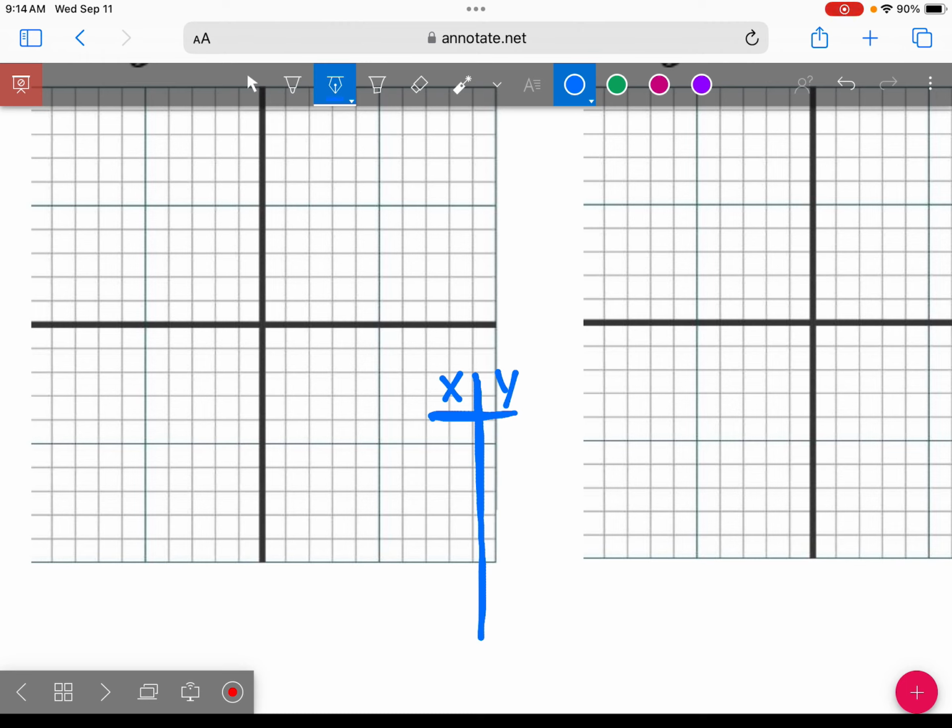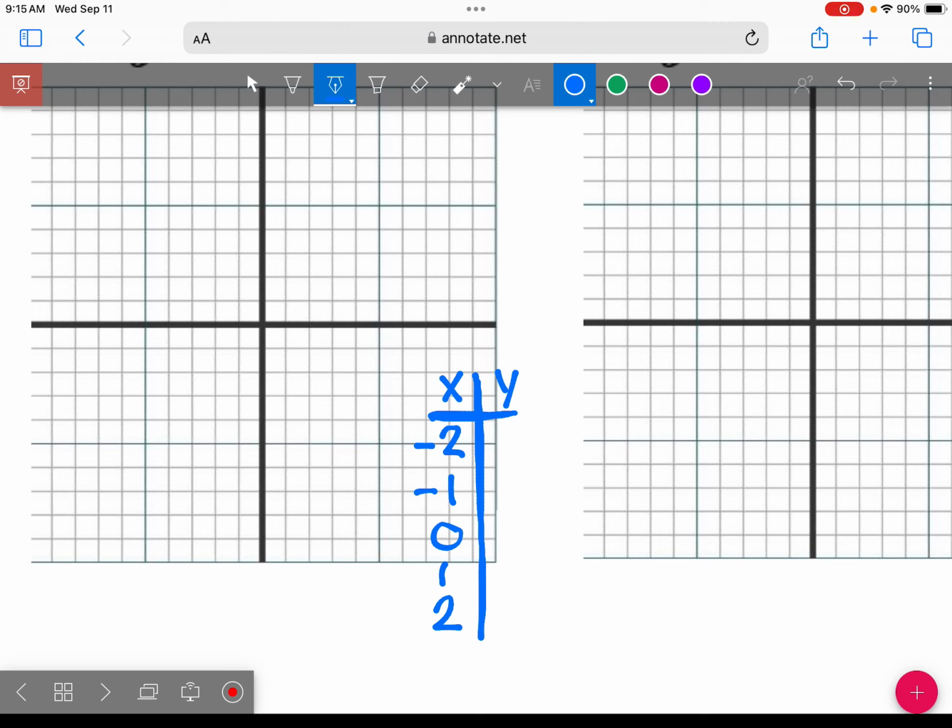What x values do we typically use for parent functions? 0, 1, and 2 for sure. But what did we forget to do? -1 and -2. We want that good view of the middle for most of these graphs. So we typically do things like -2, -1, 0, 1, and 2. Those are not the only options, but that gives you a really good view of the middle. And when we start looking at transformations, it gives us a really good idea of what happens to the graph.